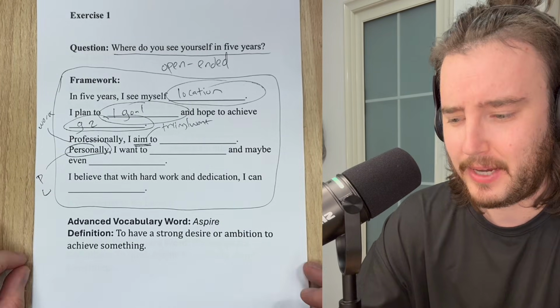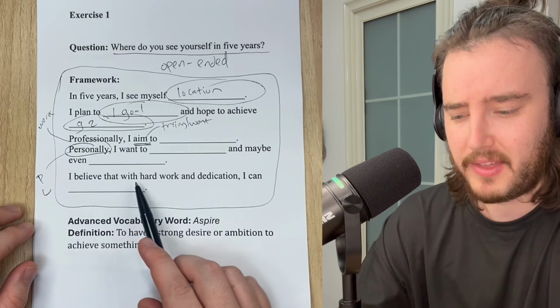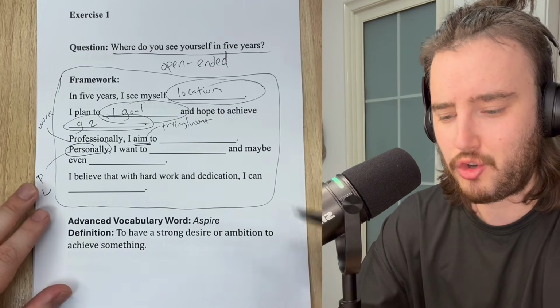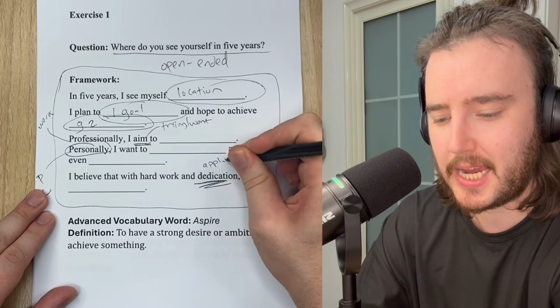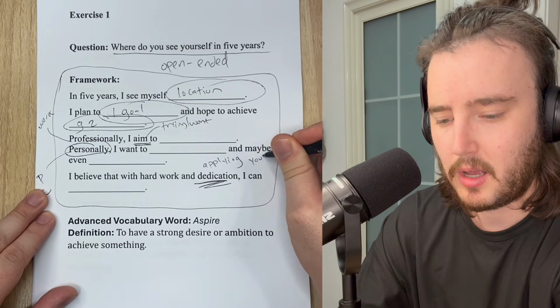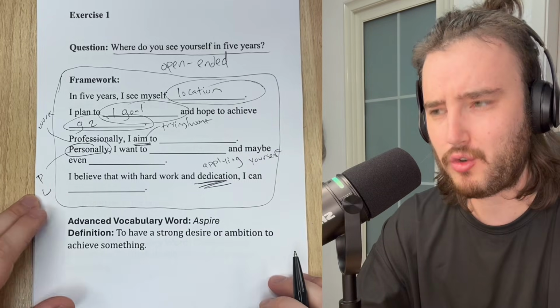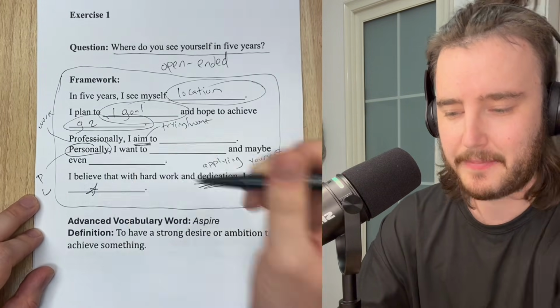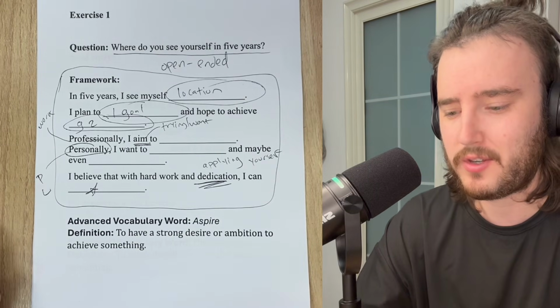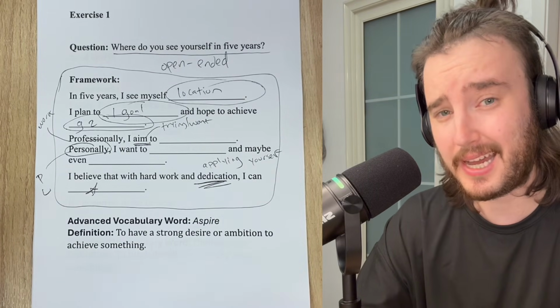Something like that. Okay, now last, I believe that with hard work and dedication, that means you are really applying yourself. Applying yourself. That means you're really trying hard. With a lot of hard work, tell me about what you can do if you apply that hard work.